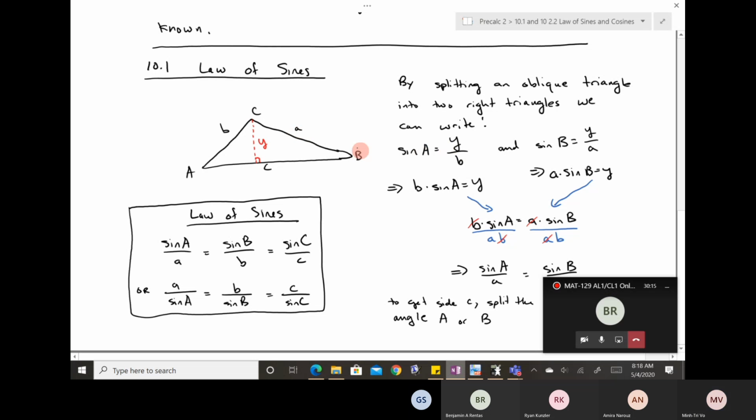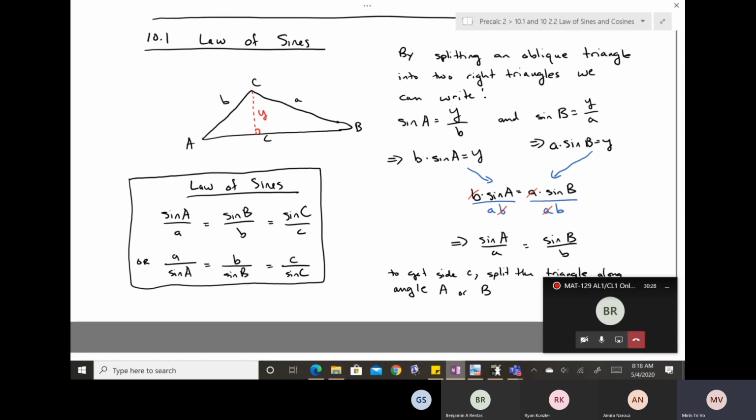Looking at angles A and B, we've related both of them to side y, so you can put the 2 equations together. This one you multiply by b to get y equals b times sine A, and similarly here you multiply by a to get y equals a times sine B. Because both equations are equal to y, they have to be equal to each other.